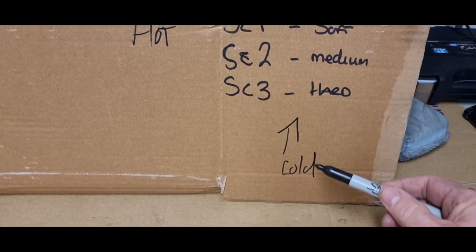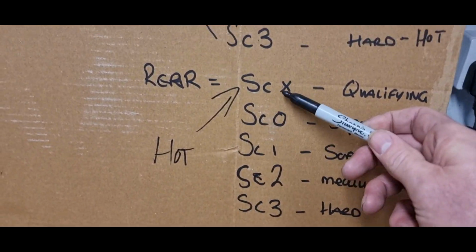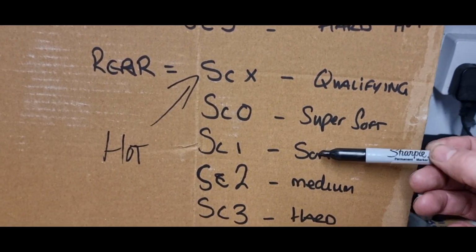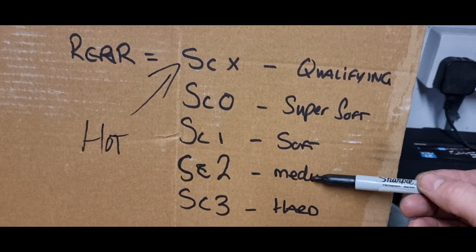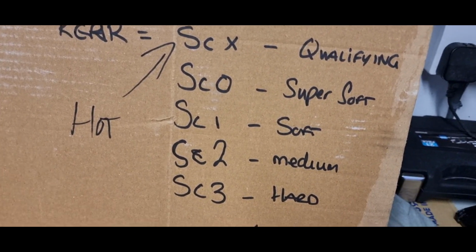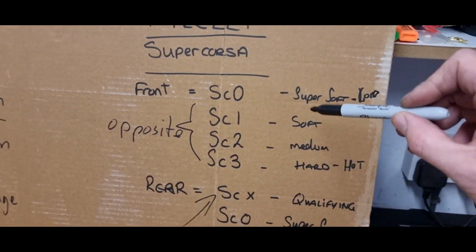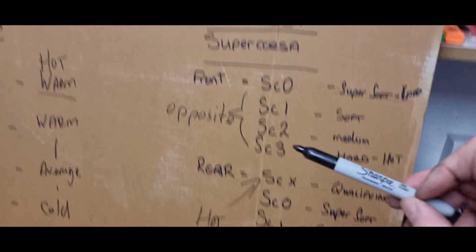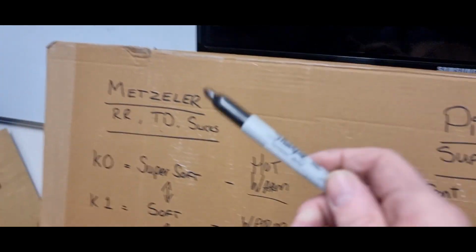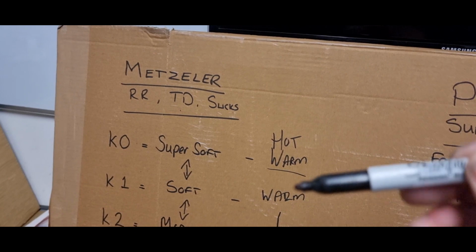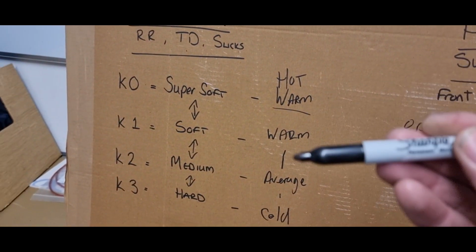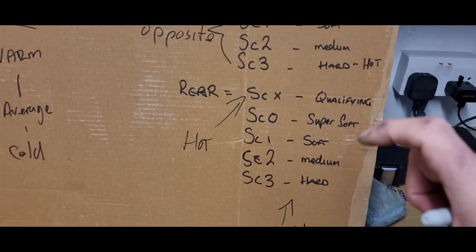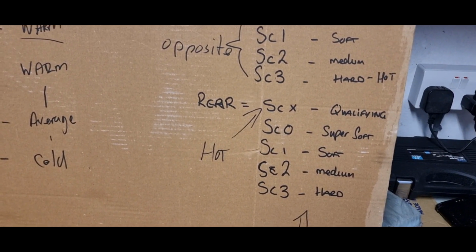So your SC0 will be cold, but your SCX is when it's red hot. Same as your super soft when it's hot, when it's warm, average, and that's when it's cold. The only difference being your front tyres are opposite to your rear tyres on Pirelli. On Metzeler, they're the same, whether it be your front or your rear, they work the same. It's just Pirelli have your fronts doing opposite to what your actual rears do.